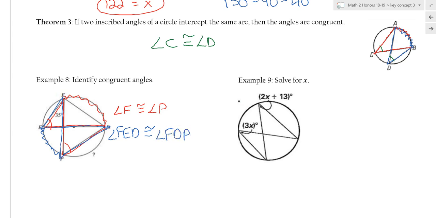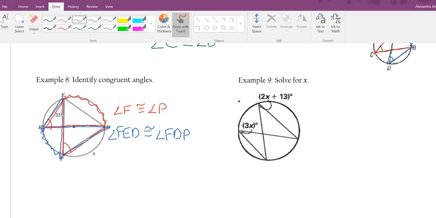And I think that's it for those. So sometimes you'll have more than one set of angles that can be congruent. There might be another one in there, but I'm not too worried about it. Make sure you can identify at least one set of congruent angles.